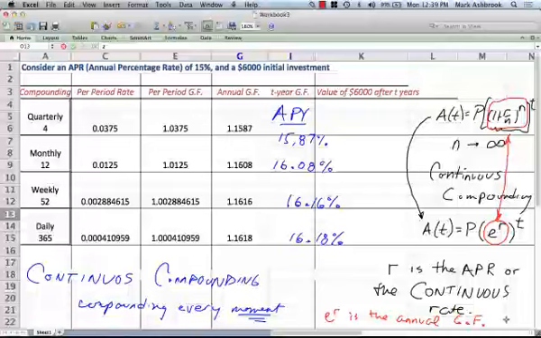Oh, and so what is e? We never talk about e. e is called the natural base. 2.71828182845904, and on and on.